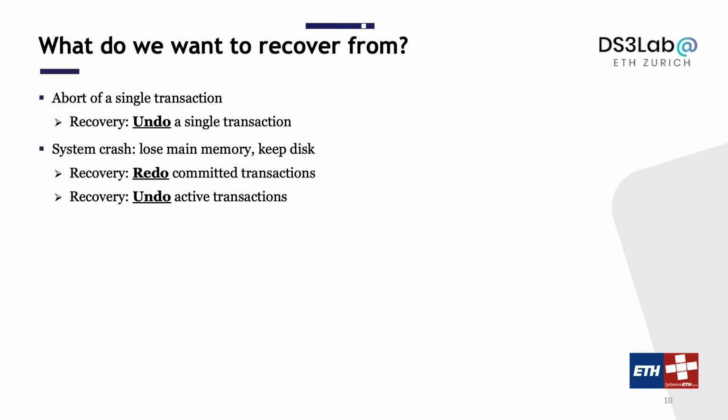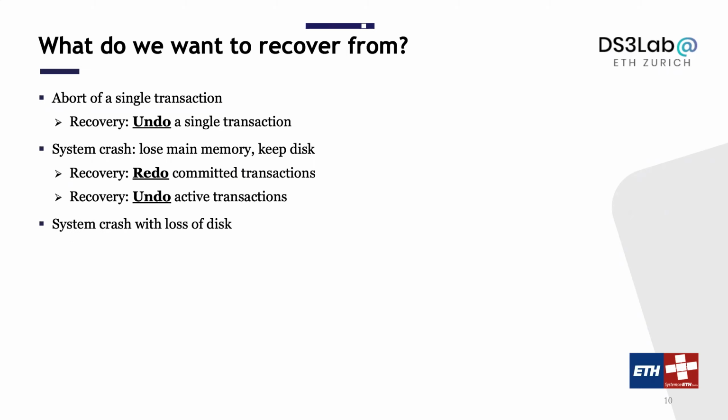On the other hand, I need to undo all the transactions that were active when the system crashed, because they will not be completed, so the system needs to abort them. When there's a system failure, I need to redo all the committed transactions whose changes haven't been reflected to the hard drive, and I need to undo all the active transactions at the time of failure.